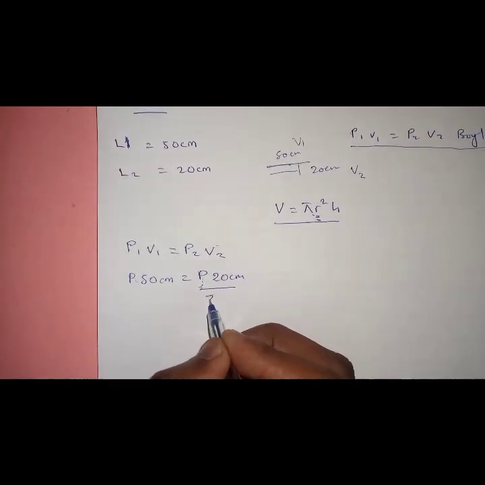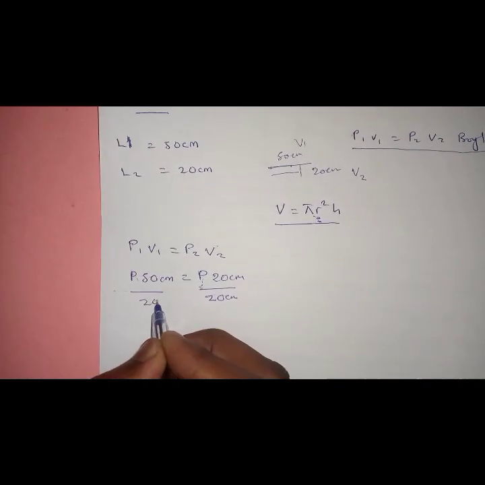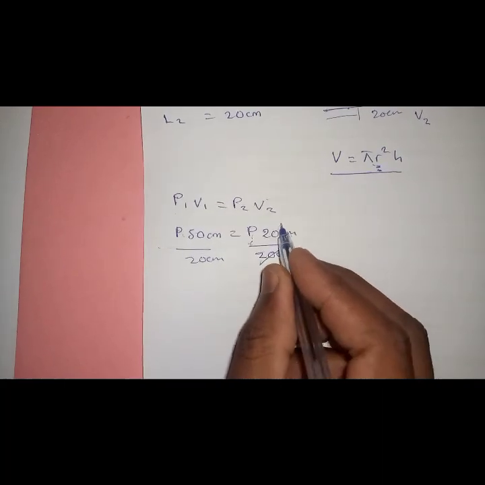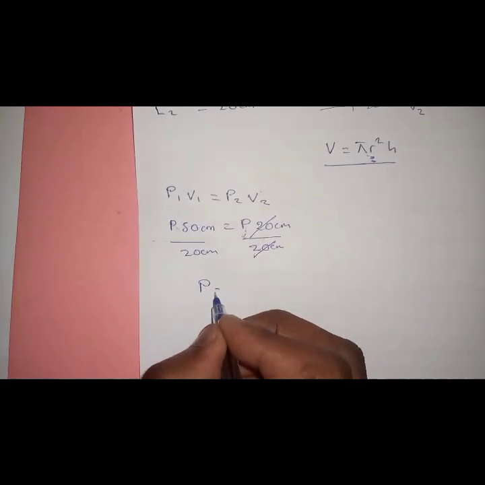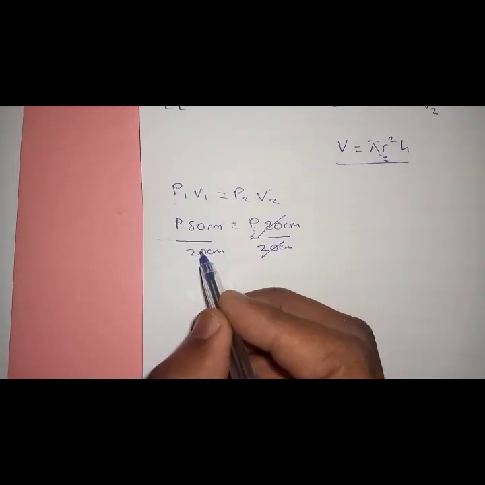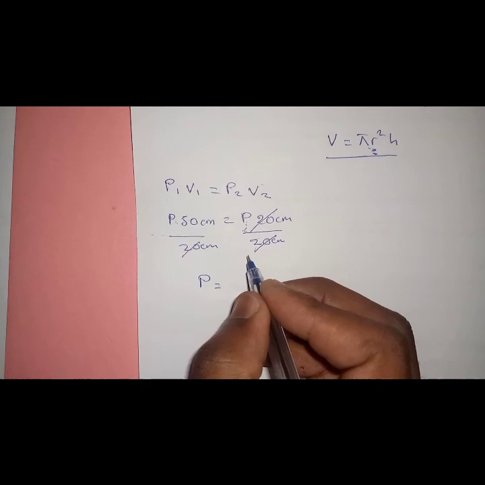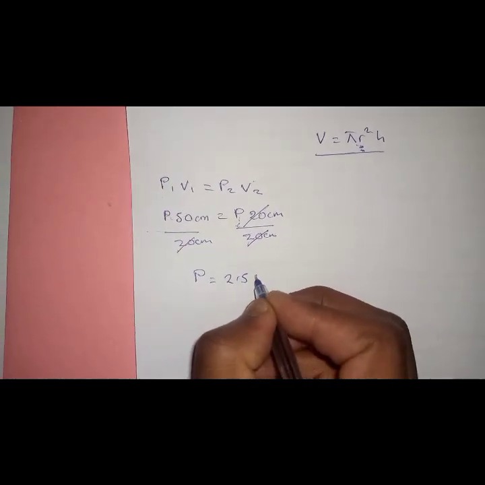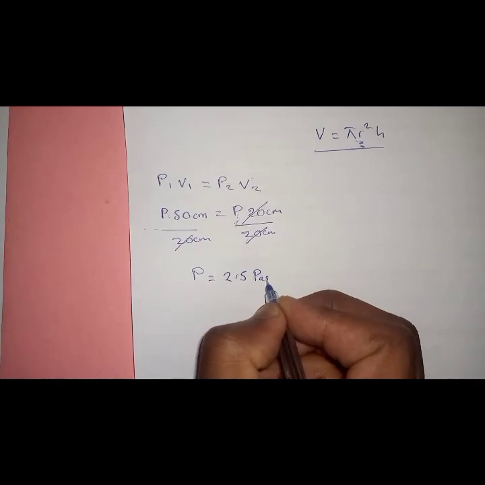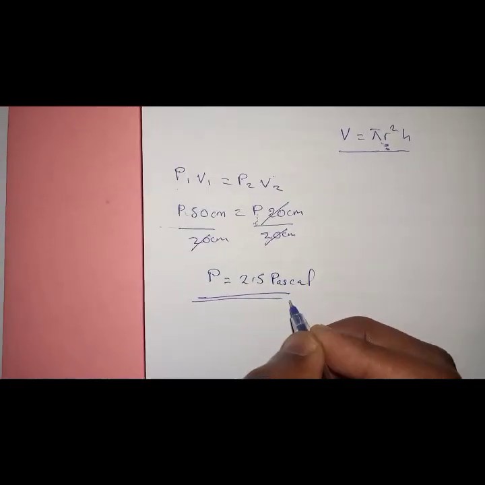So divide both sides by what it's having, even this side, 20. So what are we going to have? We're going to have this gone, giving us 1. So our new pressure is going to be, how many times does 20 go into 50? That will be 2.5 Pascal. So that will be our new pressure, 2.5 Pascal.